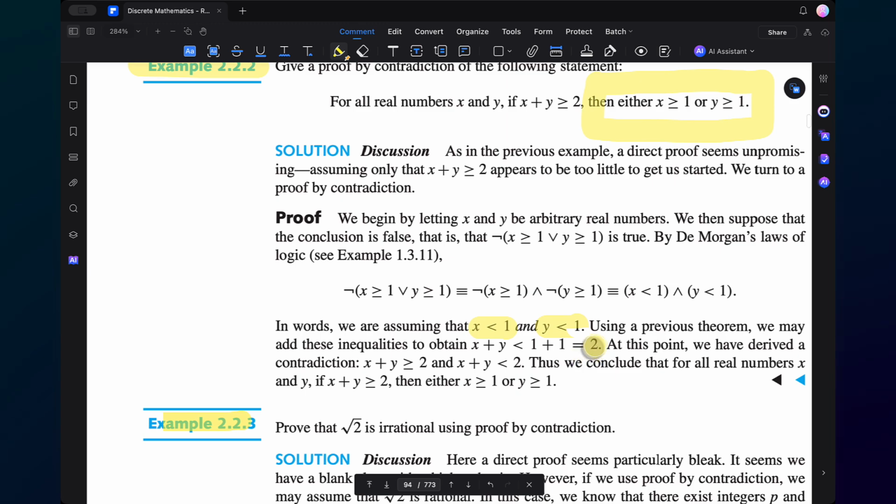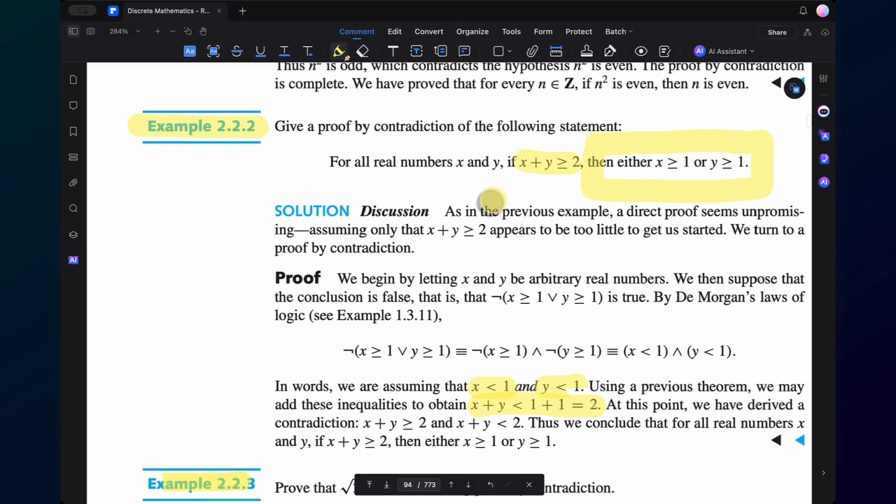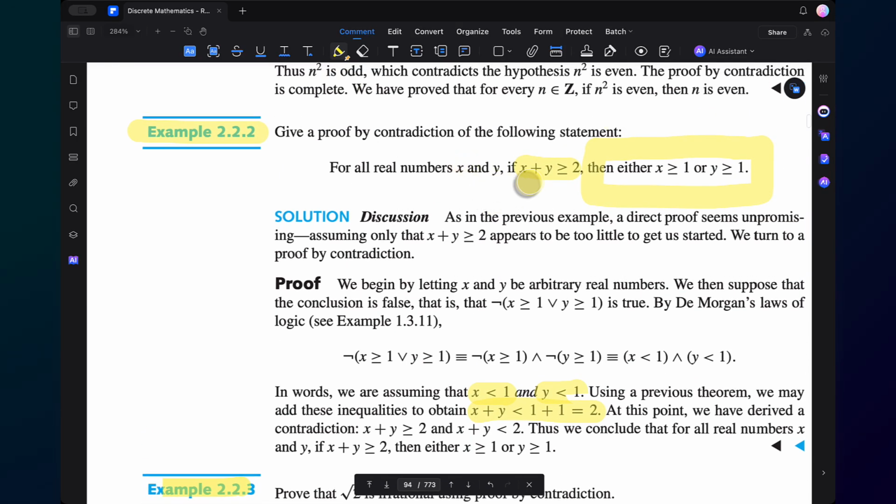So you see that being true and that being true, that's contradictory. So that's enough to prove our assertion that if x plus y is greater than or equal to 2, then either x is greater than or equal to 1 or y is greater than or equal to 1.